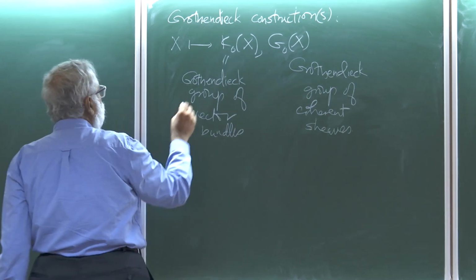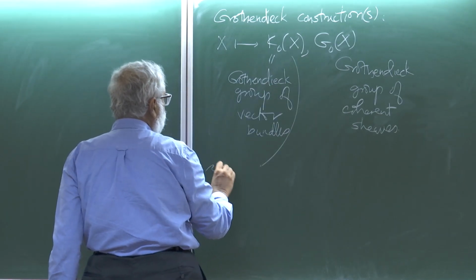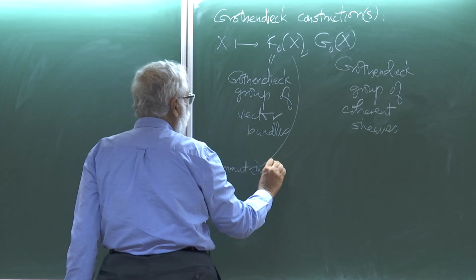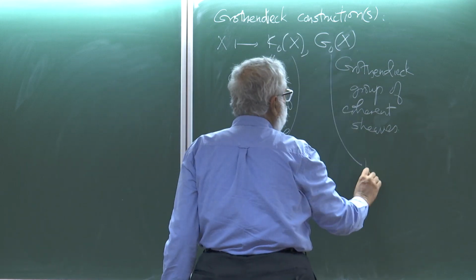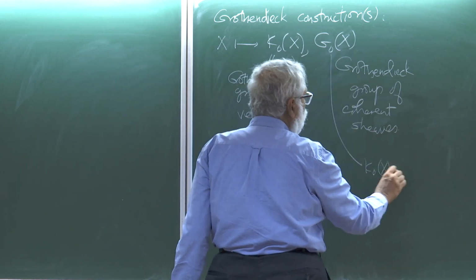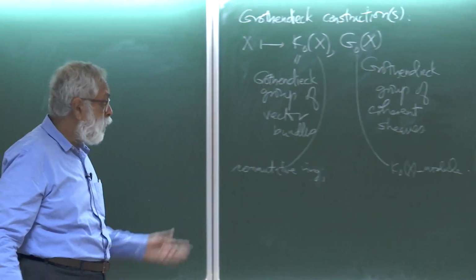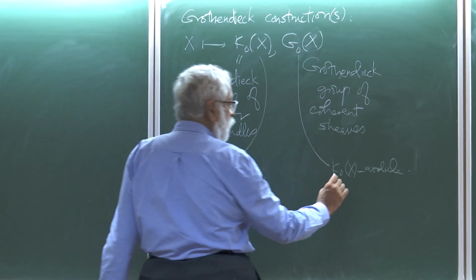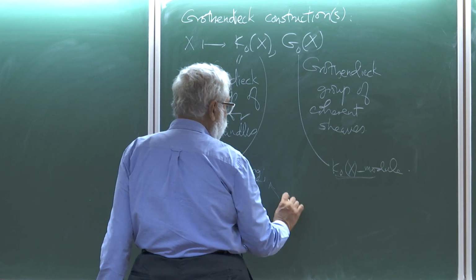And the point was, this object was a commutative ring, and this object is a K0(X)-module. Both of these operations, the ring multiplication and the module structure, come from the tensor product of vector bundles.